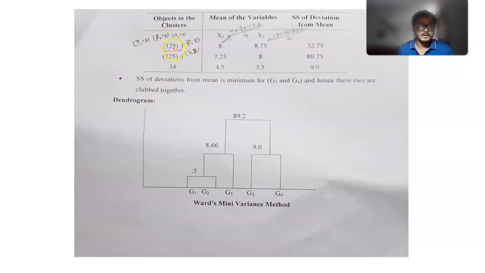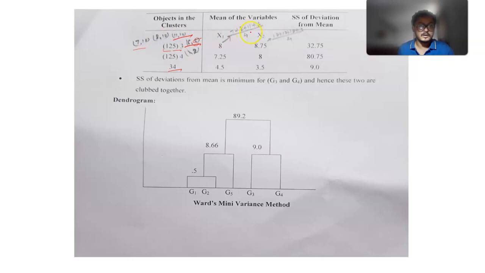Next the combinations will be 1, 2, 5 with 3, 1, 2, 5 with 4, and the remaining is 3, 4. Here we find the mean with the original values: 7, 10, 8, 10, 11, 10, and 6, 5.